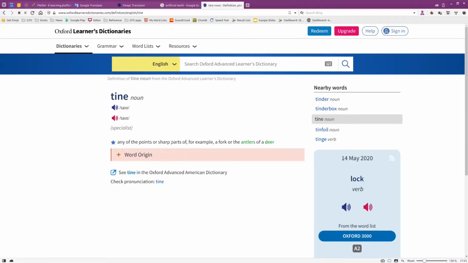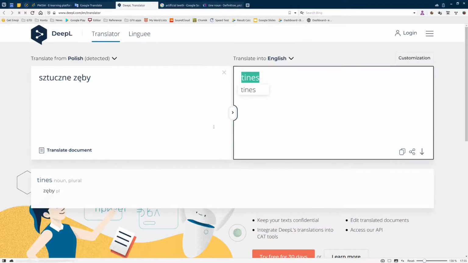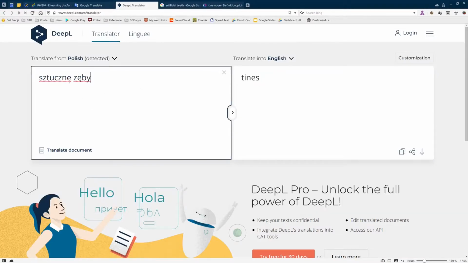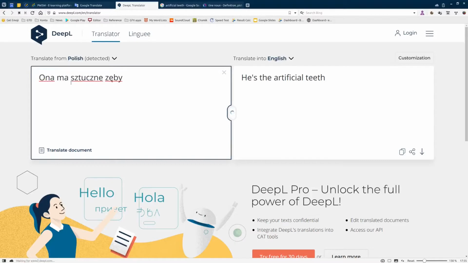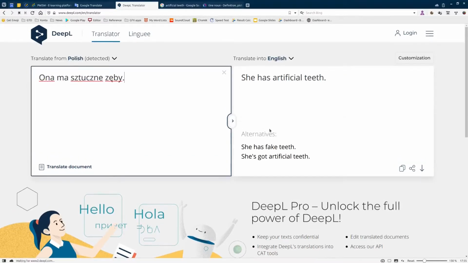Right, on a fork, for example. She's got artificial teeth. She's got fake teeth. So I think artificial teeth might actually be used looking at the Google results.